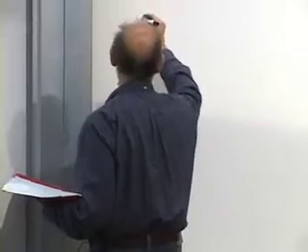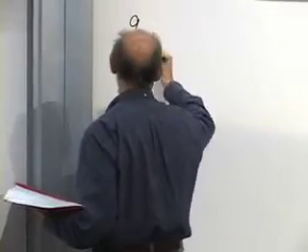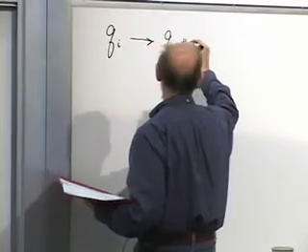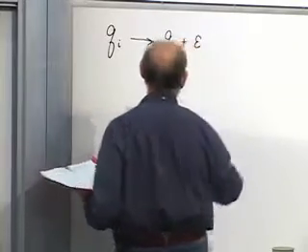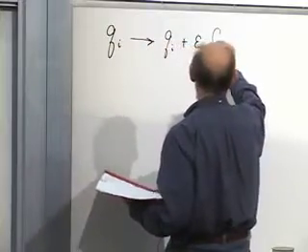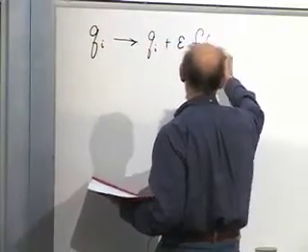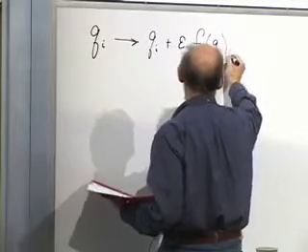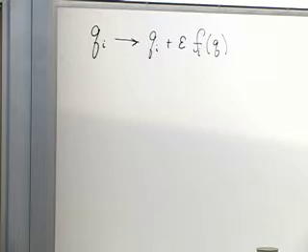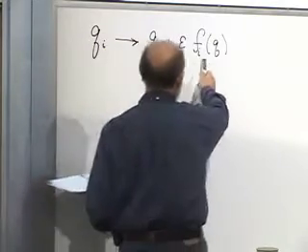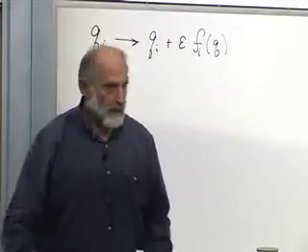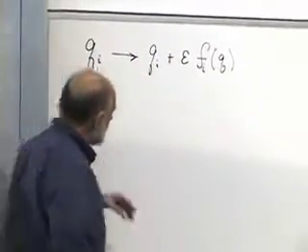Under a transformation, coordinates, let's say q sub i, change to q sub i plus something small. Let epsilon be a small number times some function f sub i of q. When I say f sub i of q, I mean that f sub i can depend on all of the q's. It's a little displacement of the system.